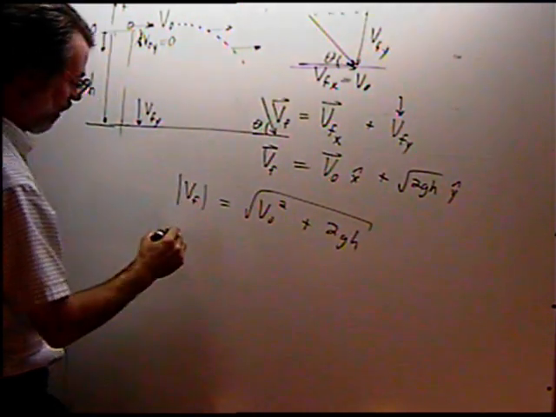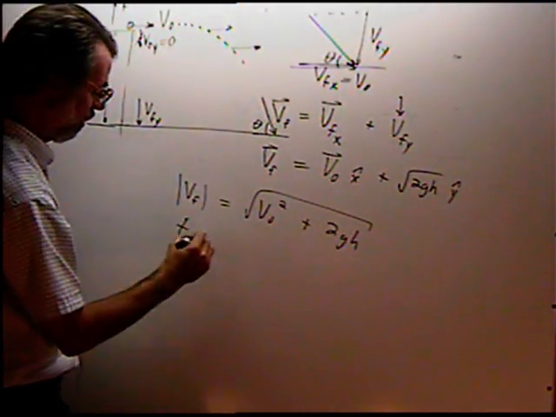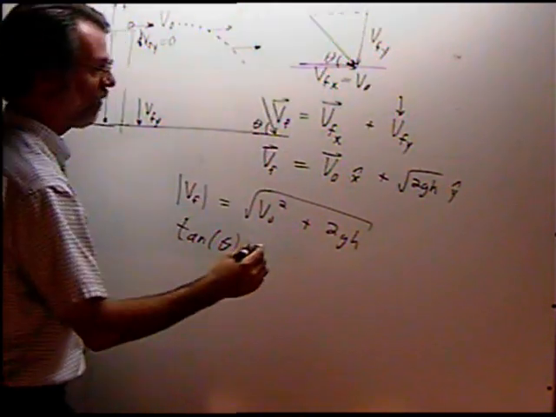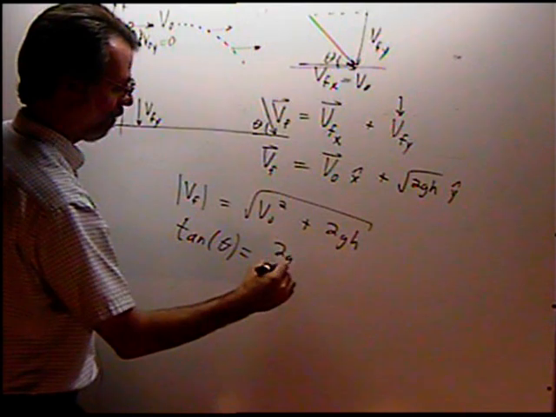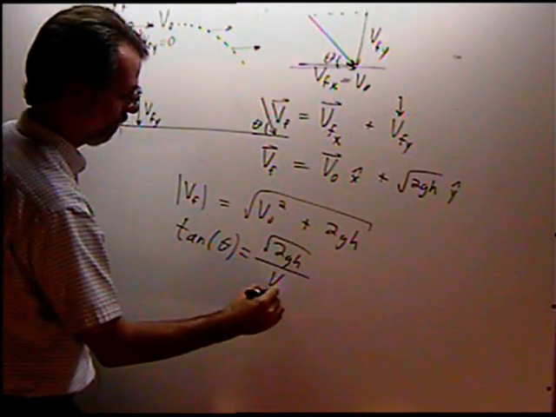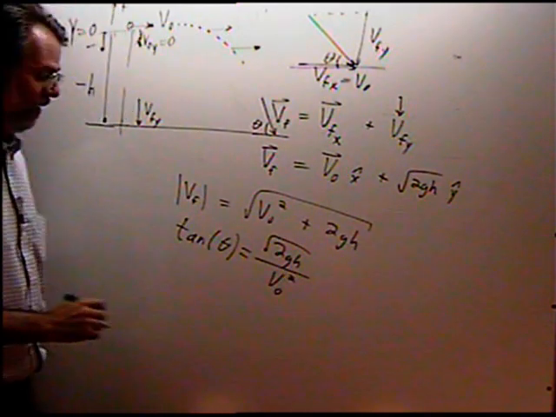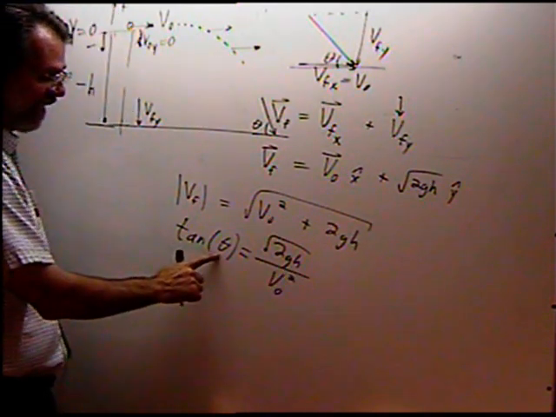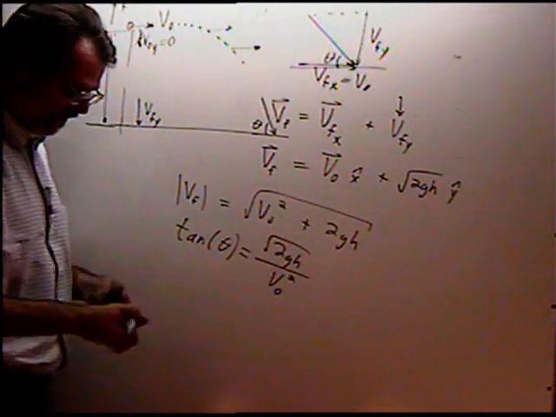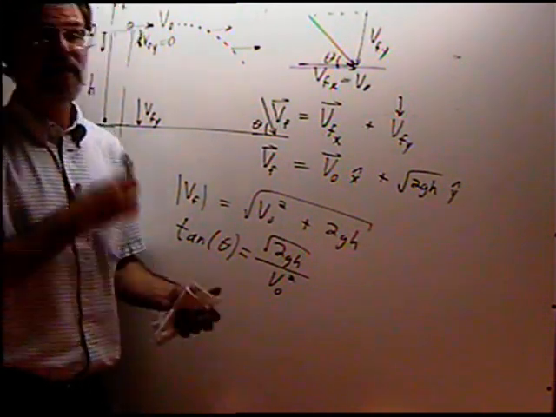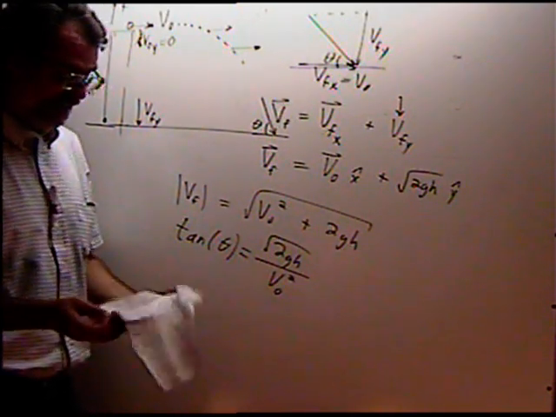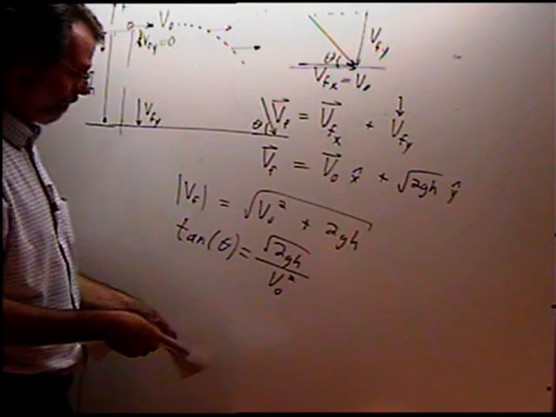Yes, we could, because we know that the tangent is the y component divided by the x component, which is, here's the y component, and here's the x component. And by taking the inverse tangent, we could calculate what that angle was. Okay, we do not have any homework problems like this, but I just wanted to show you that problems like this can easily be solved.